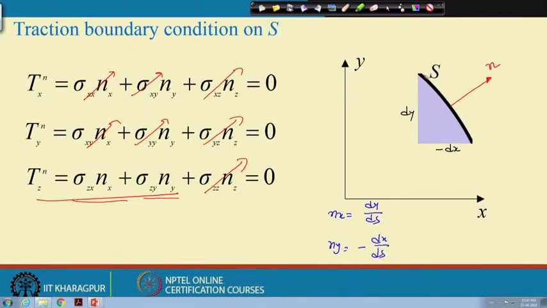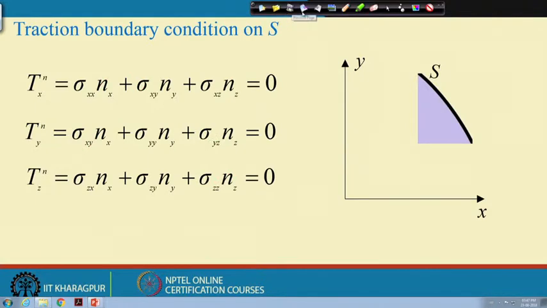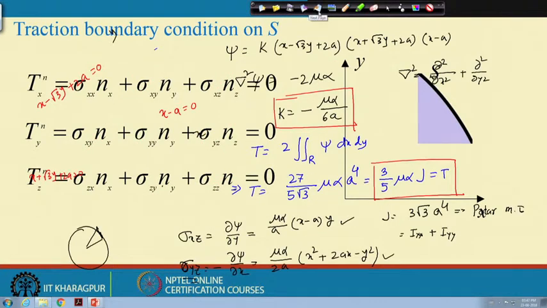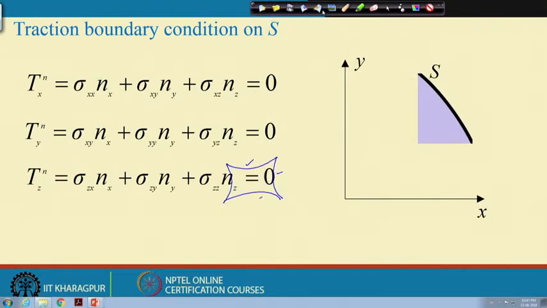Now this is S and its normal is n. If you write this expression in terms of the normal, it becomes dy by dn and dx by dn, where n is the outward normal. Now if I substitute this expression here, we also know the expression of sigma z, which in some places we already wrote.